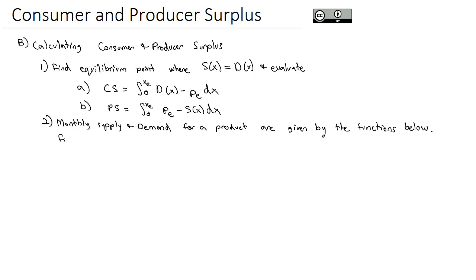We're going to find the equilibrium. We're going to find the consumer surplus. And we're going to find the producer surplus.